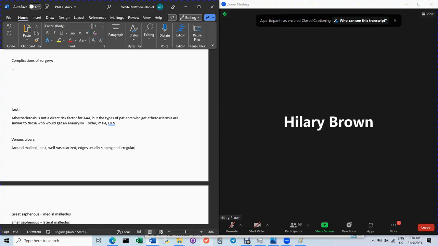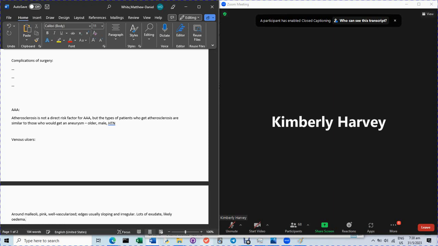Okay, any further questions? Just confirming, I know you said it earlier. If the ulcer is on the medial malleolus, it's the great saphenous vein, right? Yes, that is correct. Okay, thank you. I think many of you are referring to it as the long saphenous vein, all right? But it's actually called the great saphenous vein. And if you have a multiple choice question, it's probably going to be called the great saphenous vein.